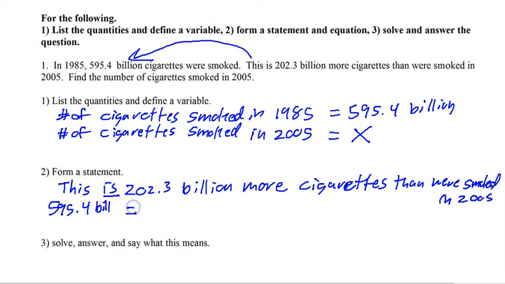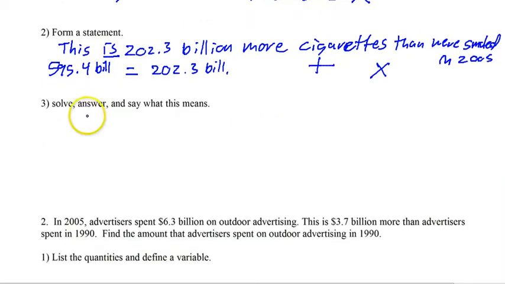That's equals. 202.3 billion more cigarettes. What's more cigarettes? More cigarettes than, that's plus, were smoked in 2005. If we go back here, it says the number of cigarettes smoked in 2005 is X, and then that's our equation. So now you just have to solve that.